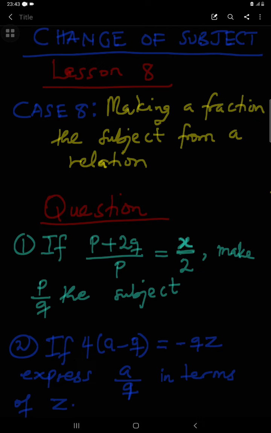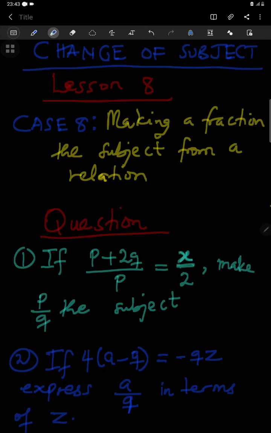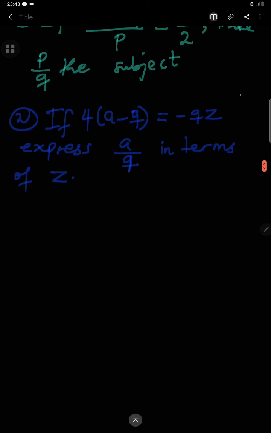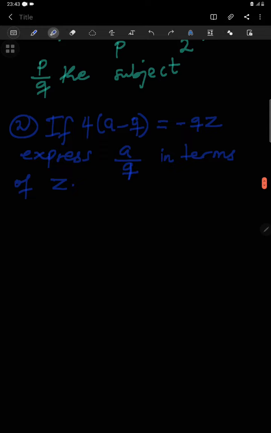So question one says: if p plus 2q over q is equal to x over 2, we are required to make p over q the subject. That is our focus. All right, so let's go.